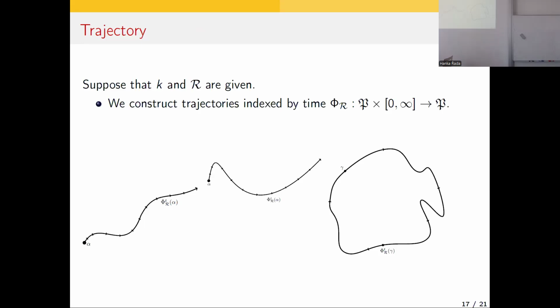Trajectories are functions of a permuton and a time, and they show how the permuton evolves in time with the process with the rule R. So if we find the trajectories, we can, for example, find whether the trajectory is cyclic, whether the process is such that we eventually get back to the beginning. Or we can investigate whether such processes exist.